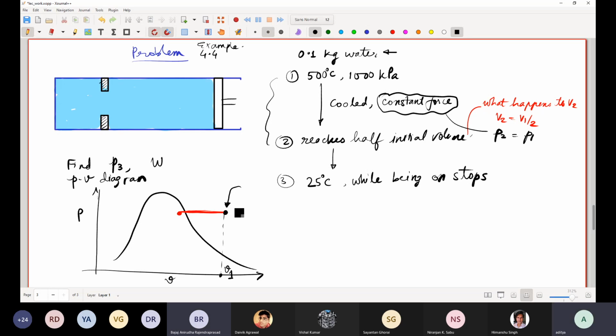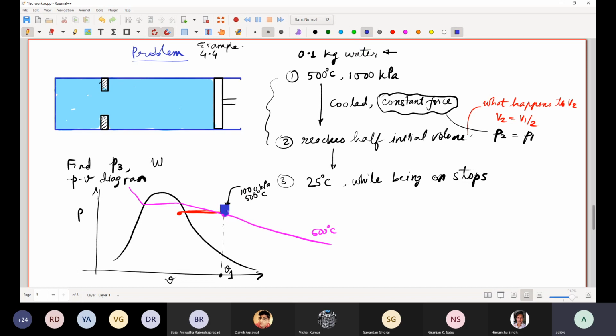Yes, sir. So this point is at 1000 kilopascal and 500 degrees Celsius. So the 500 degrees Celsius isotherm, maybe it passes like this. The intersection of the 500 degrees Celsius isotherm in the PV diagram looks something like this.